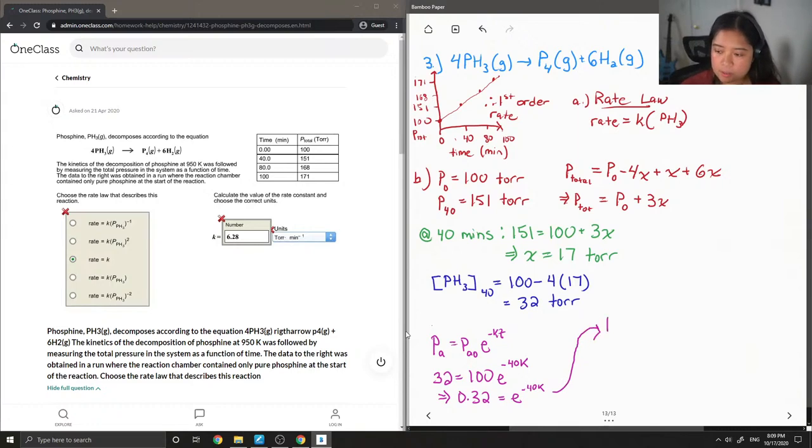Okay, so I'm going to take the ln of both sides in order to get rid of that e. So ln of 0.32 is equal to negative 1.139.